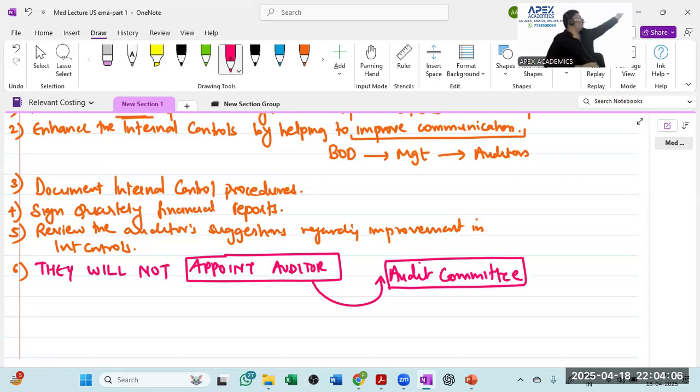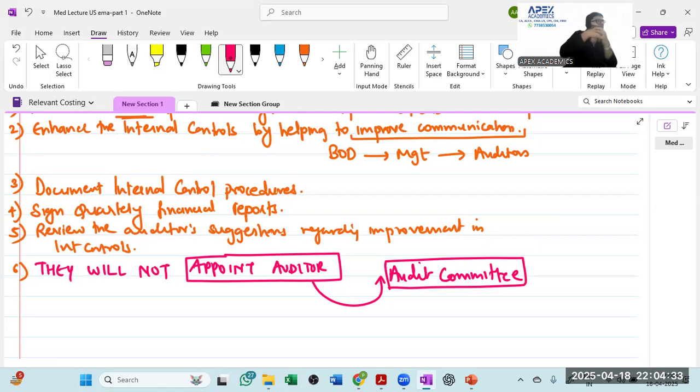You have probably come across this in your first lecture. After the basic lecture, the lecture on board of directors, I believe this has been discussed, because lecture number 3 and lecture number 4 were dedicated to external audit and integrated audit. So your lecture number 2, which came after your basics, was all about audit committee, board of directors, management.